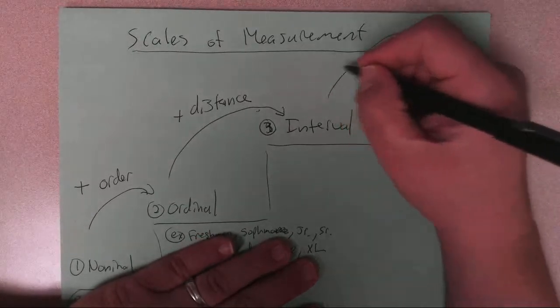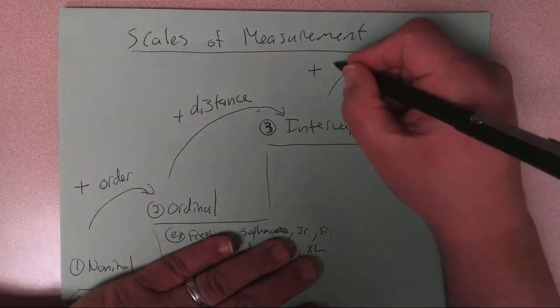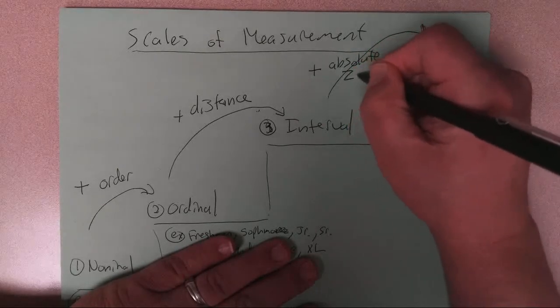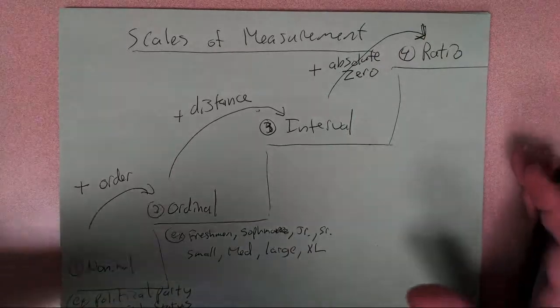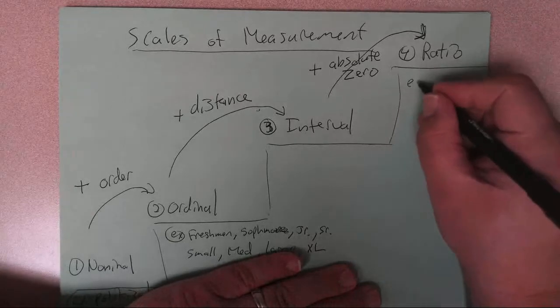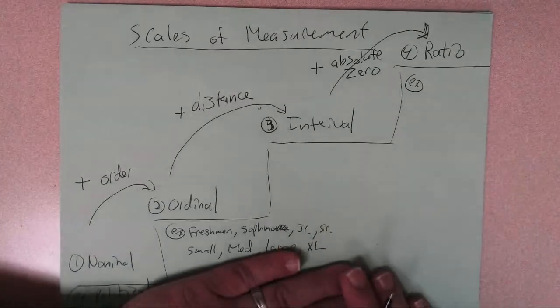What the ratio scale adds, we're going to call an absolute 0. Okay, so let me give you some examples of ratio first, and then I'll give you some examples of interval and tell you why they're not ratio.